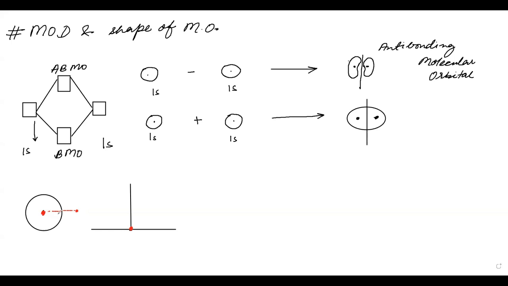This is electron density. If we go away, the density decreases, getting lighter and lighter. It is dense in the middle.